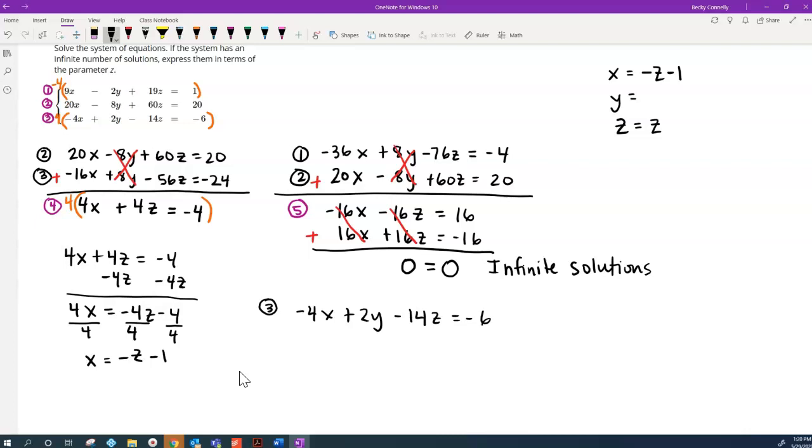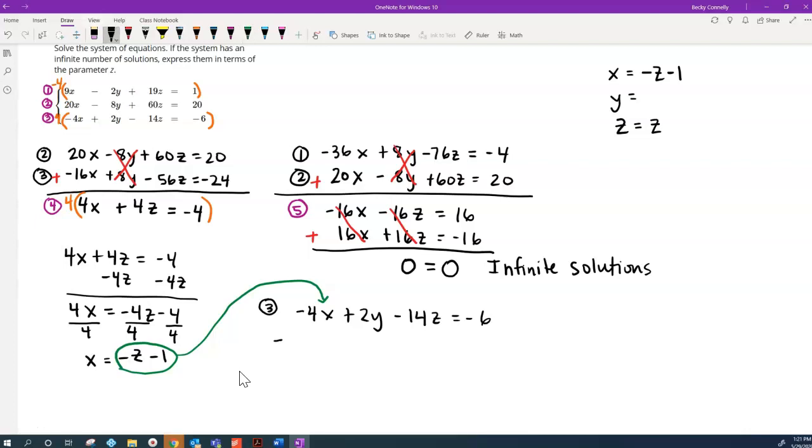Now remember, I just found that the x is negative z minus 1. And so I can actually take that and substitute it in here in place of x, and then solve for y, because I need everything else in terms of z. That's why I need to substitute this in here.